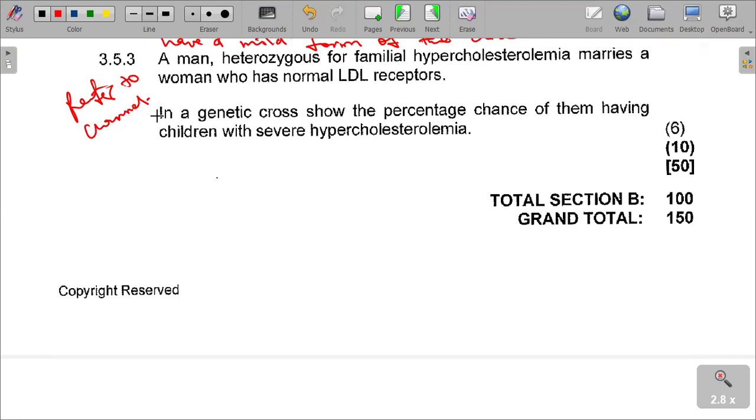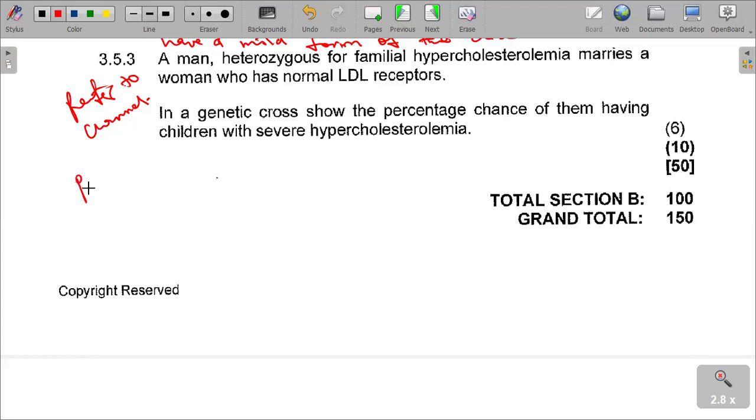It is quite calculated. So a man who is heterozygous marries a woman who is normal.